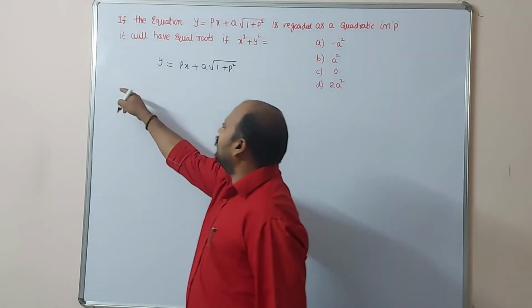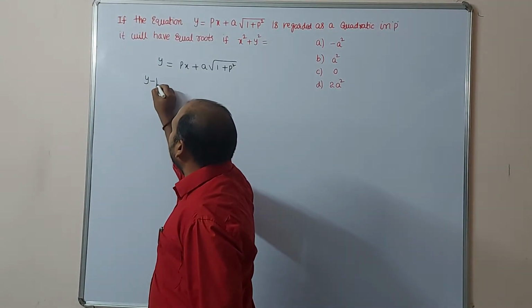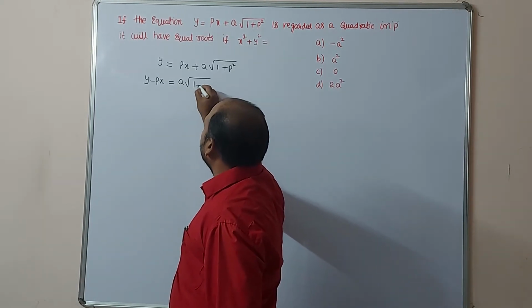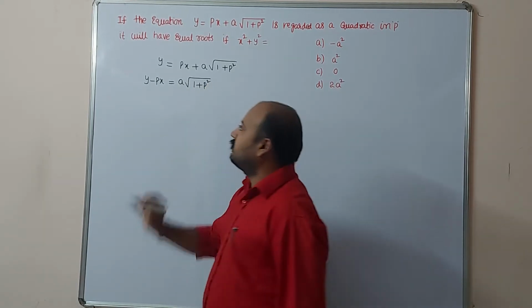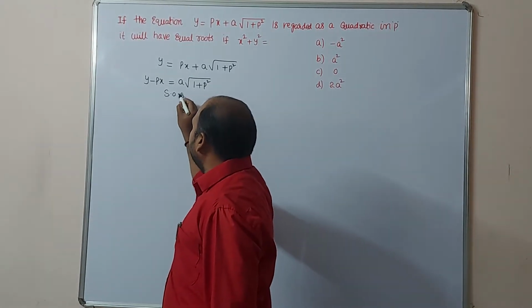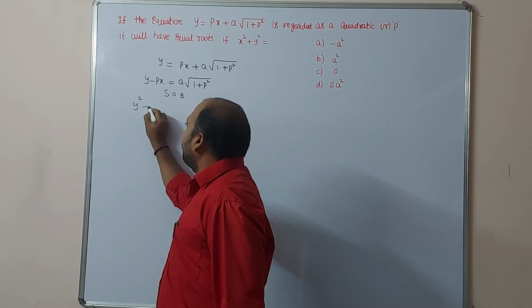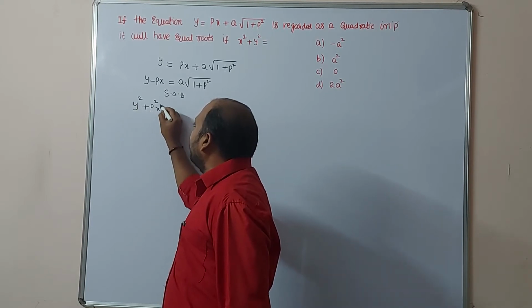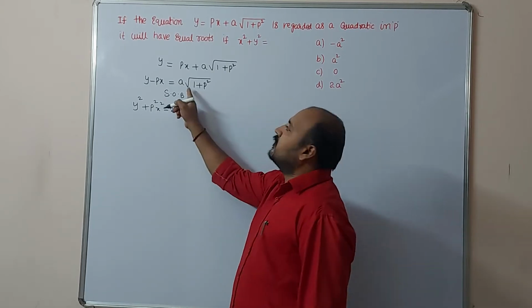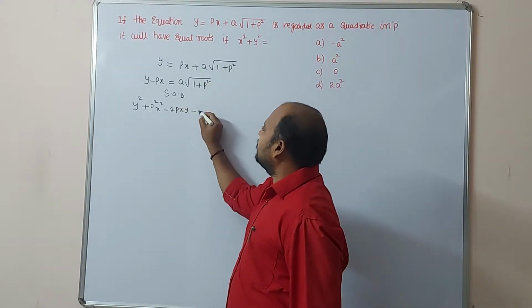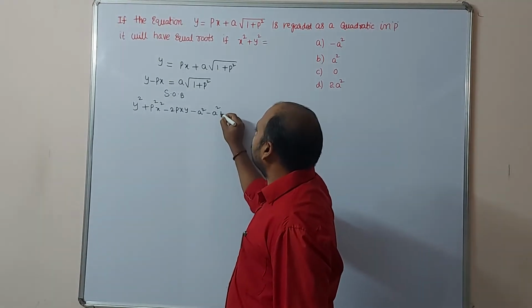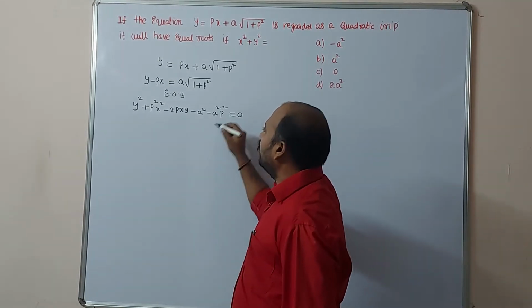Px I am taking to this side, so it becomes y minus px is equal to a into square root of 1 plus p square. Squaring on both sides and then simplifying: y square plus p square x square minus 2pxy, a square into 1 minus a square p square is equal to 0, because we are taking this side.